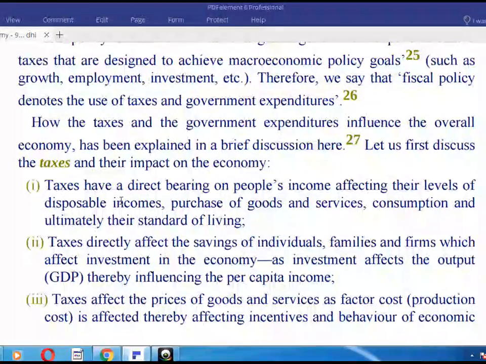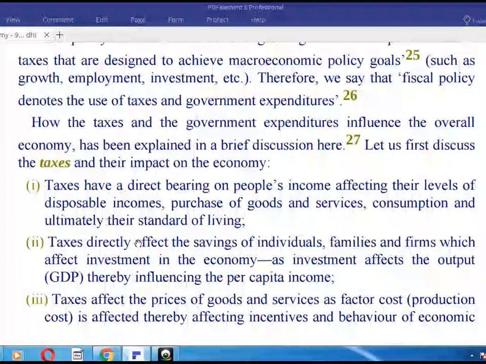Taxes have a direct bearing on people's income, affecting the level of disposable income, purchase of goods and services, consumption, and ultimately their standard of living.